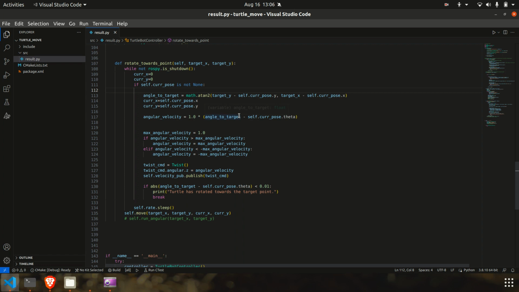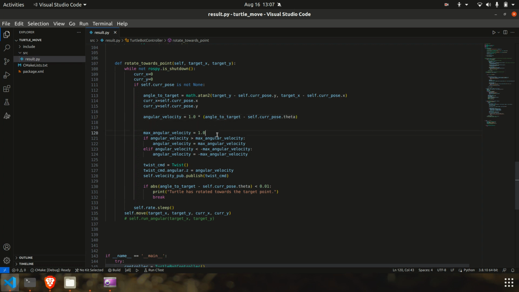So what it is actually doing is, whenever the turtle rotates, in each iteration it will calculate how much rotation or change in the angle is left, and accordingly it will give the angular velocity to it. So the velocity of rotation of the turtle is directly proportional to the amount of angle left to be rotated by the turtlebot.